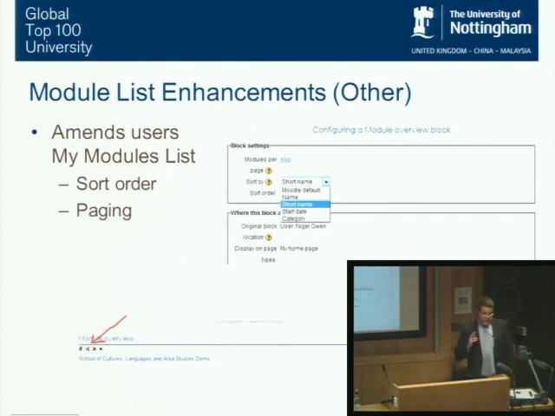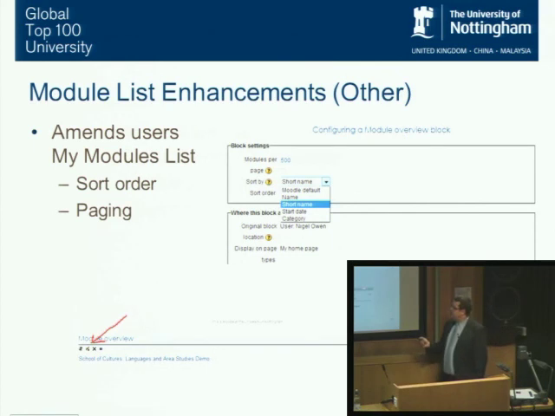Okay, final two. Module list enhancement. So when you log into Moodle and you see, sorry, it's not very pictured down here at the bottom, your module list, very few people realise that you can actually customise that list and play with the way that it prints your modules to screen. So the default is it'll just show you 21 and they'll be listed in the order that they are in the Moodle system.